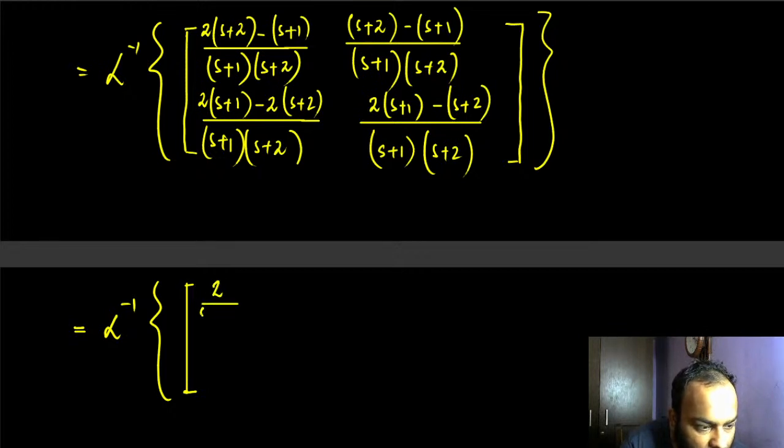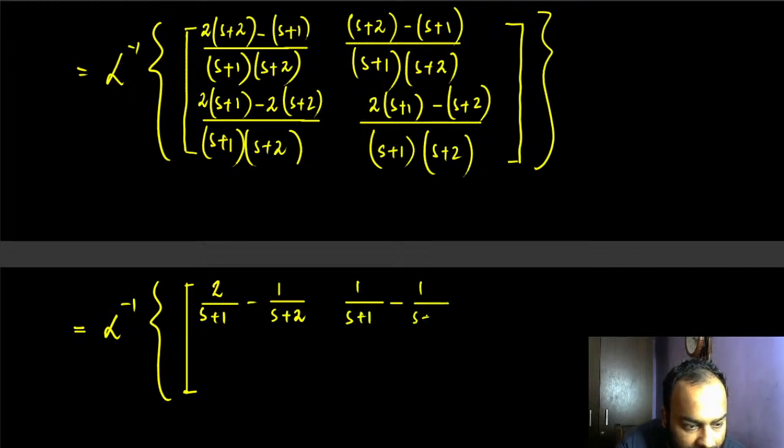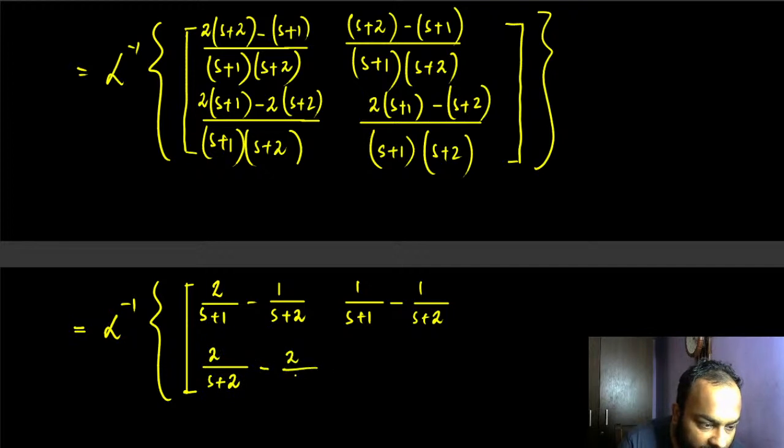So that's going to be 2 by (s plus 1) minus 1 by (s plus 2). So this one is going to be 1 by (s plus 1) minus 1 by (s plus 2). This is going to be 2 by (s plus 2) minus 2 by (s plus 1), and this one is going to be 2 by (s plus 2) minus 1 by (s plus 1).